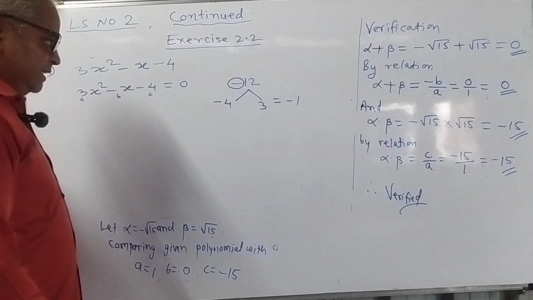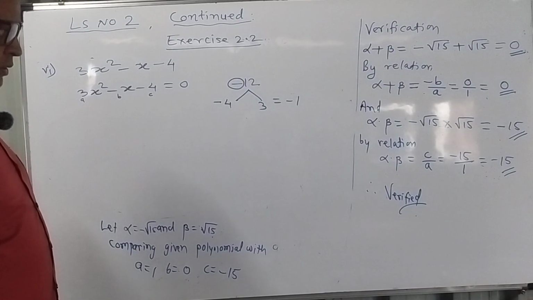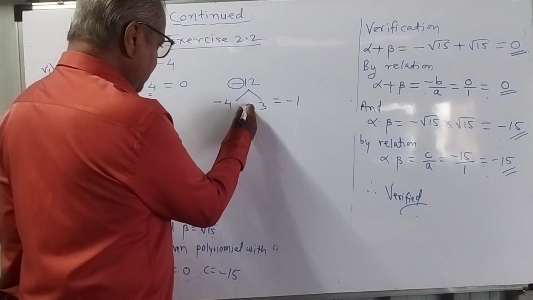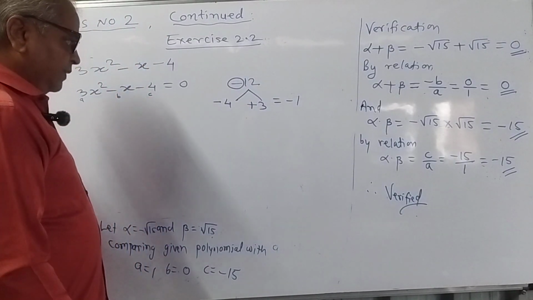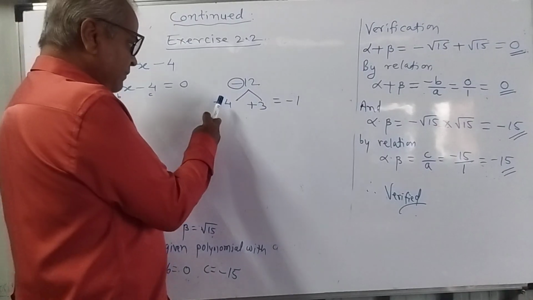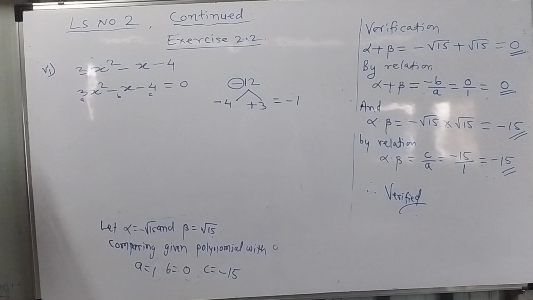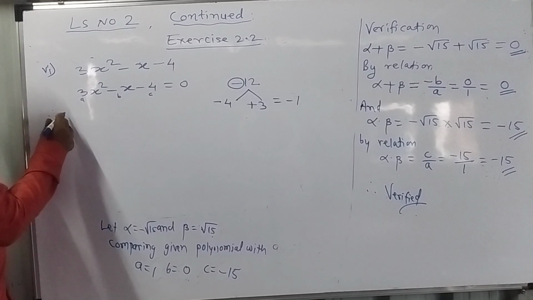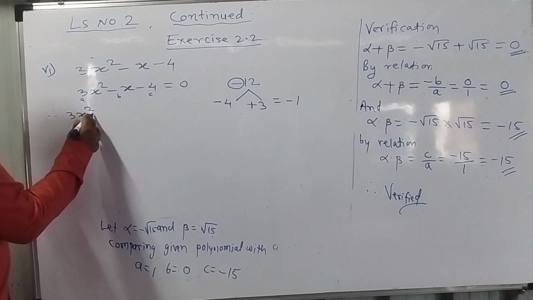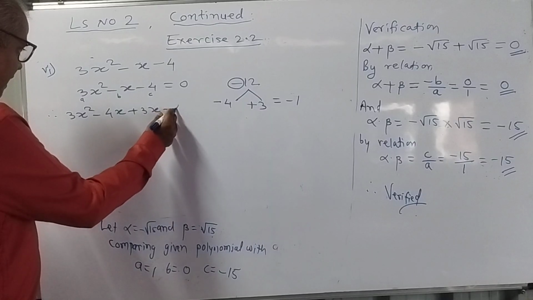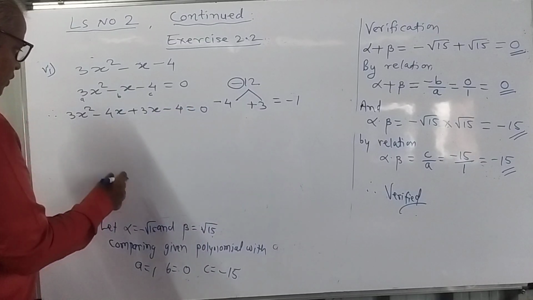The product is negative and we know the product of negative and positive is negative, so 3 has to be given plus sign, and the horizontal sum we will get minus 4 plus 3 is minus 1. This is how we can split the 12. So next step is 3x square minus 4x plus 3x minus 4 is equals to 0.